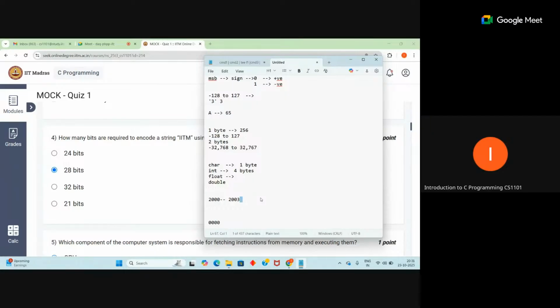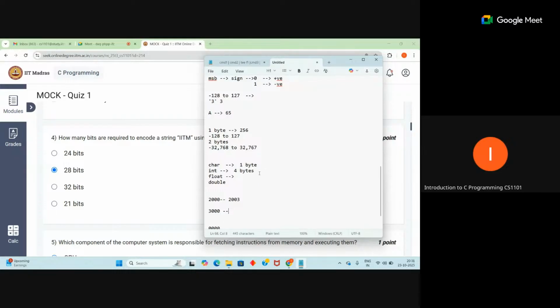Suppose I am storing a character, say at location 3000. One location is enough for the character, because each memory location can hold 1 byte of data. So based on how many bytes your data needs, the system will allocate the required memory.